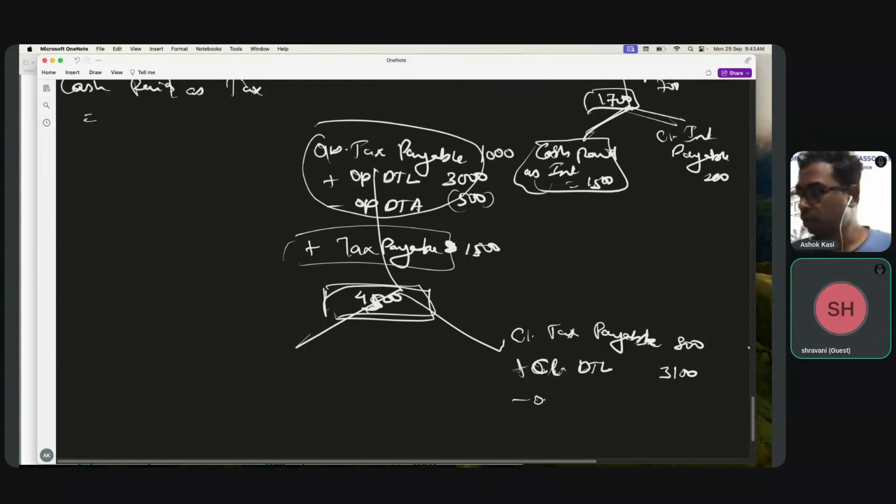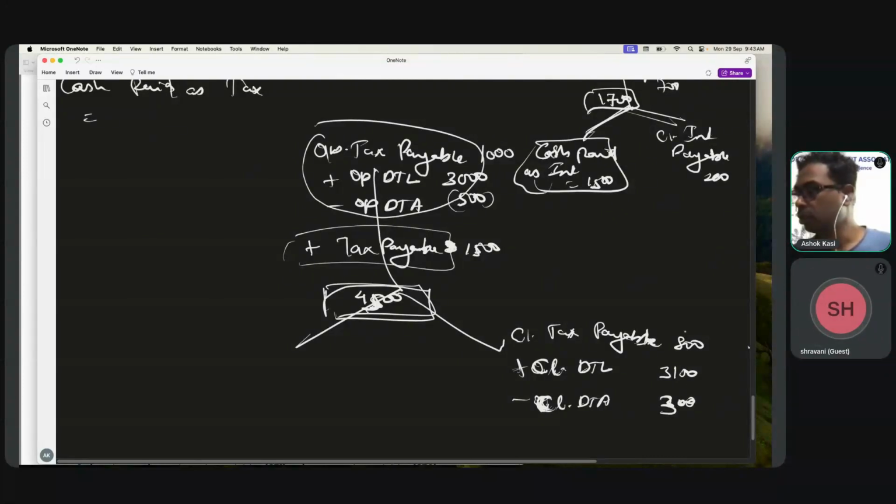Okay, minus closing deferred tax asset. Let's say that is 300.